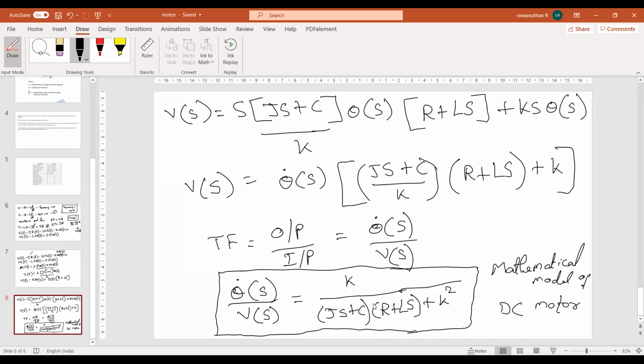If you model a motor and then use that motor to run something, then that will become the system and the motor will become the actuator. How do you take the actuator and the system? It's just the block diagram, in series. So you multiply the transfer function of the motor with the transfer function of the system. But if you have only the motor, then the motor itself is the system.